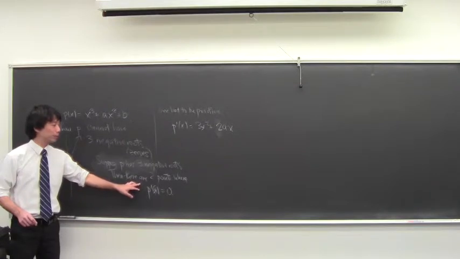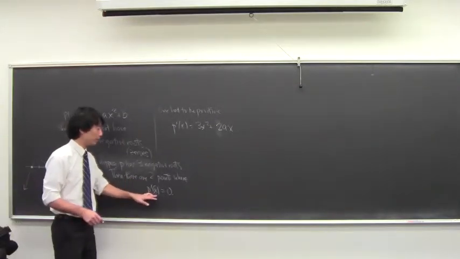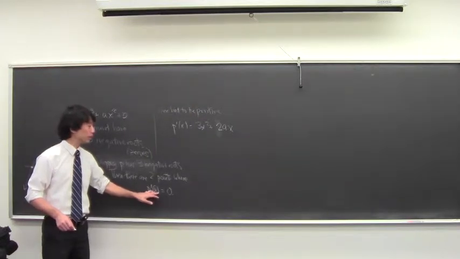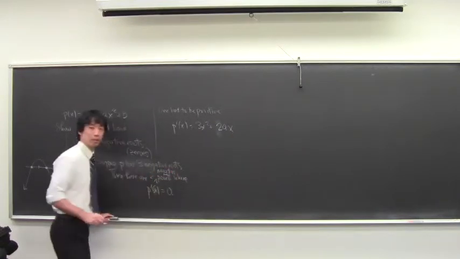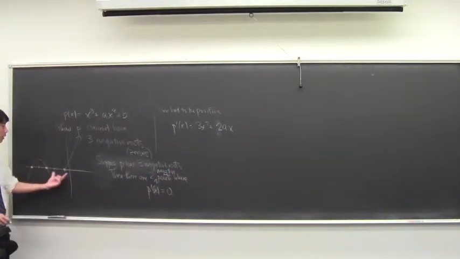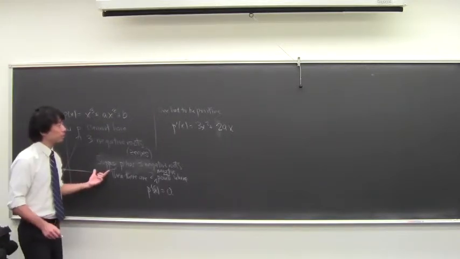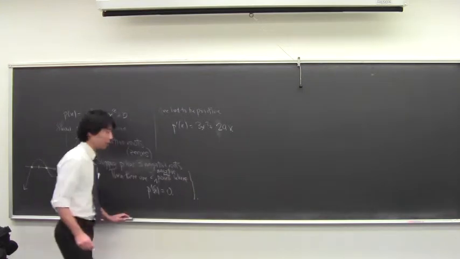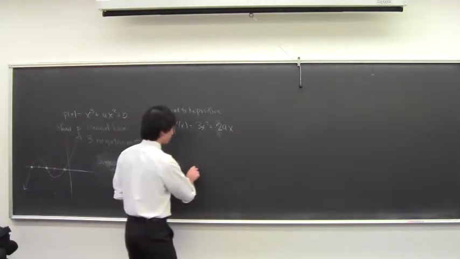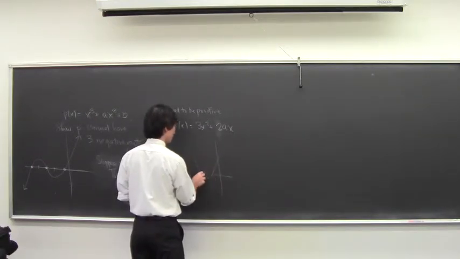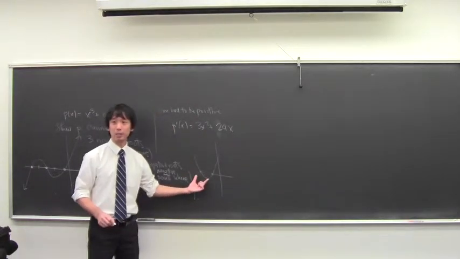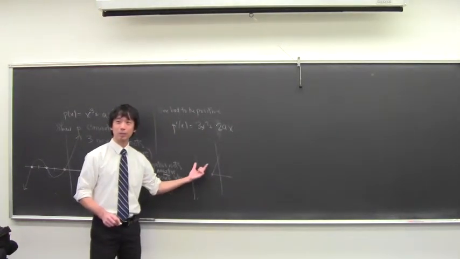If there are 2 places where P prime is 0, and further, they're negative, there are two points, both smaller than 0, where P prime equals 0. Suppose that happens. So P prime has to intersect in 2 places that are beneath the x-axis. What would that tell you?